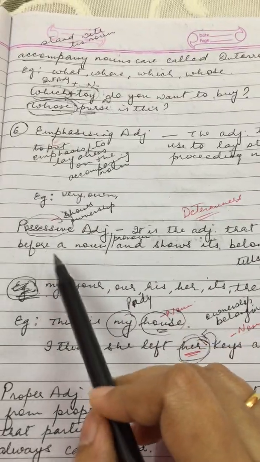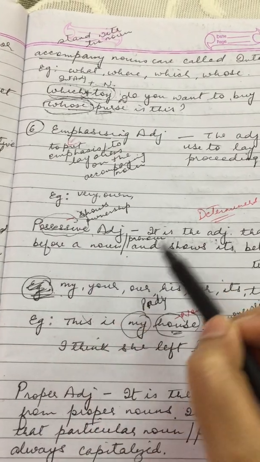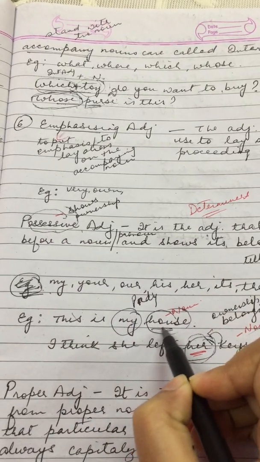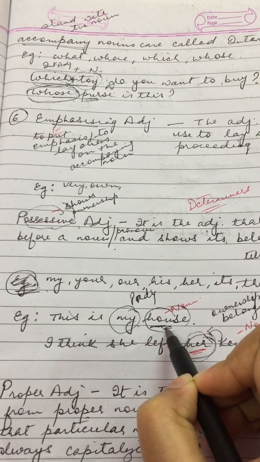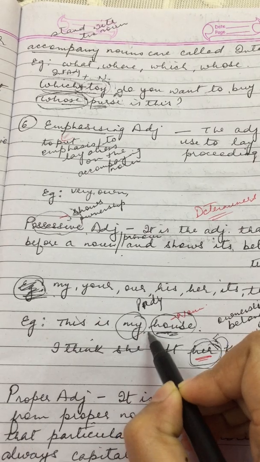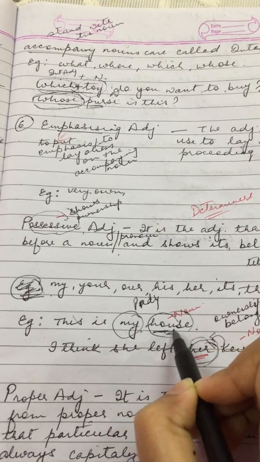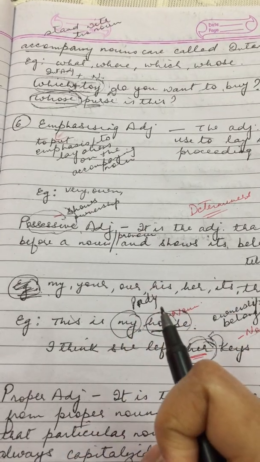This adjective always comes before a noun. This type of adjective, possessive adjective, is always written just before the noun. This is the noun house and my is written just before the noun. My means possession.